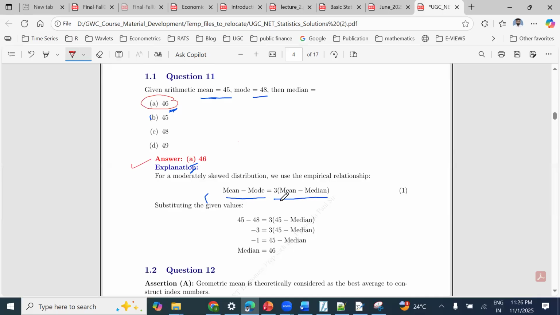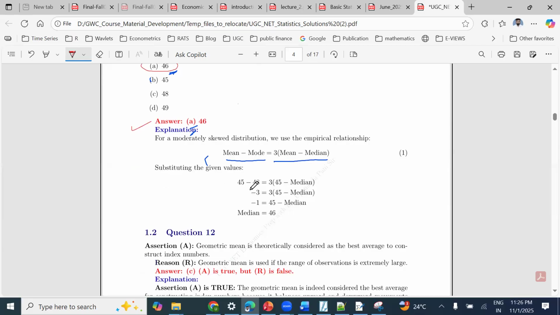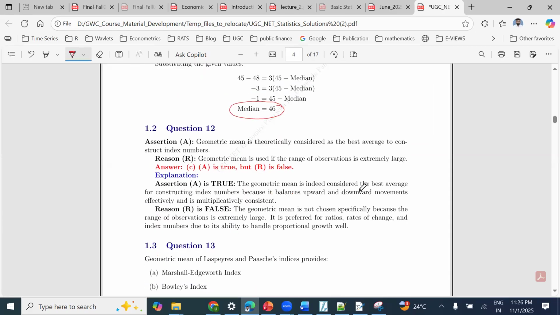Mean minus mode will be equal to 3 times mean minus median. So directly you replace the value, then you will get it. So this is simple, right? I hope everyone is clear. Sangeeta? Yes, sir. Okay. So the difficult ones we will discuss, because the easier ones we can skip.